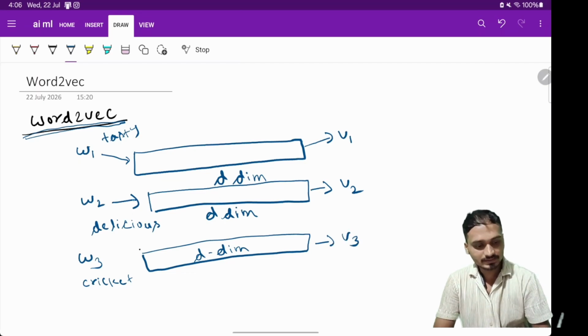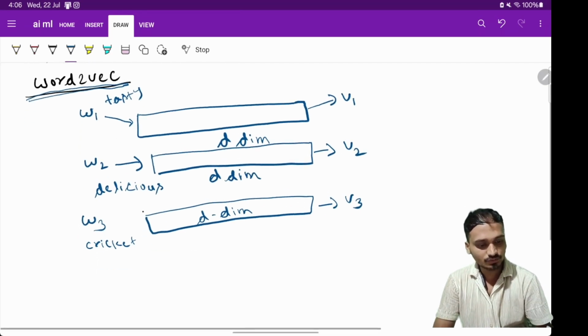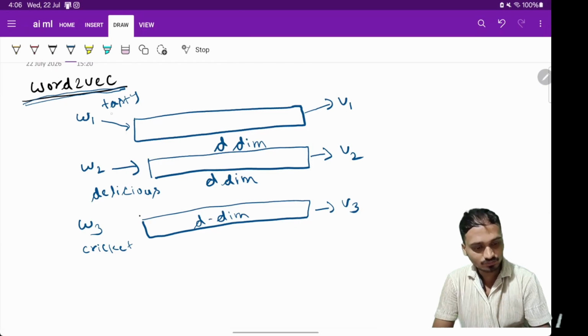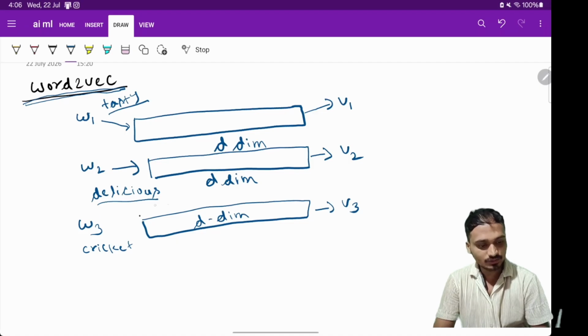If you look at these two words, tasty and delicious, they are similar. Both mean something related to taste. So when you train Word2Vector and arrive at the final vectors, what will it preserve?